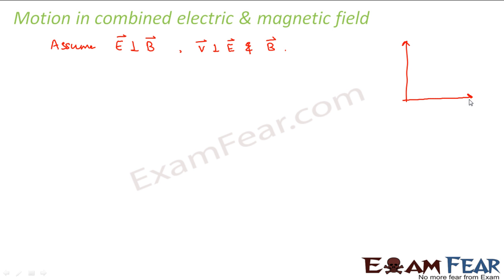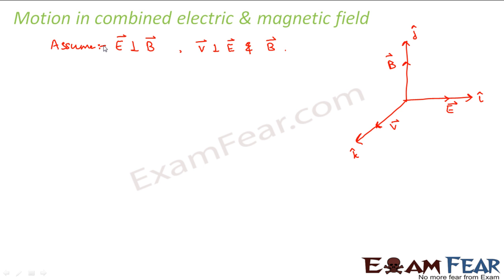Let us suppose that this is my x, y and z axis. So this is my x, this is my y and this is my z axis. Let us suppose that electric field is along this axis, magnetic field is along this axis and the velocity of the particle is along this axis. So that means three of them are mutually perpendicular to each other.